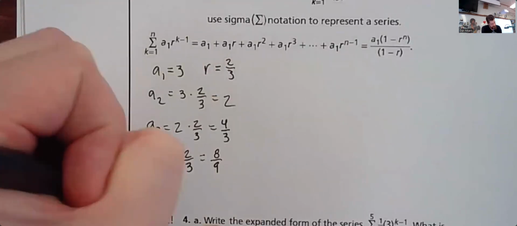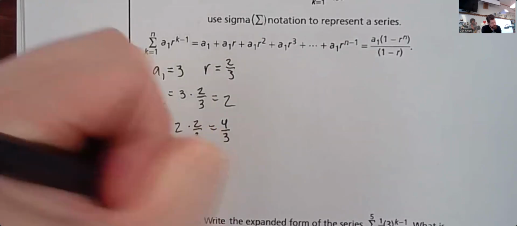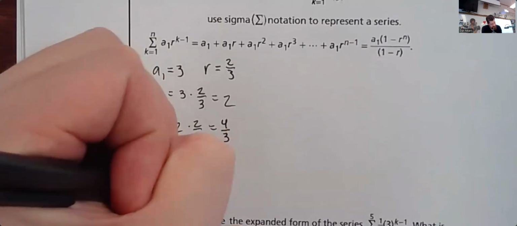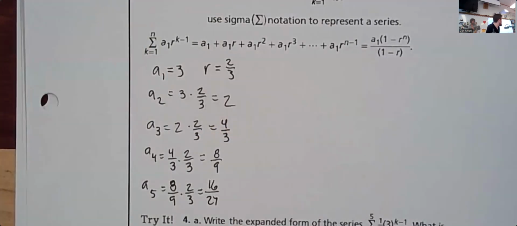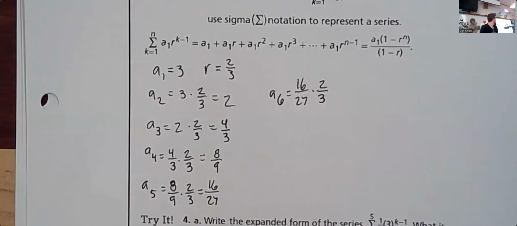A sub 5 is equal to 8/9 times 2/3. 8 times 2 is 16. 9 times 3 is 27. 16/27. That doesn't reduce. The 6th term, A sub 6, is equal to 16/27 times 2/3. That's 32/81. That also does not reduce.